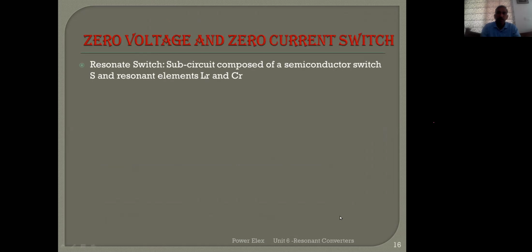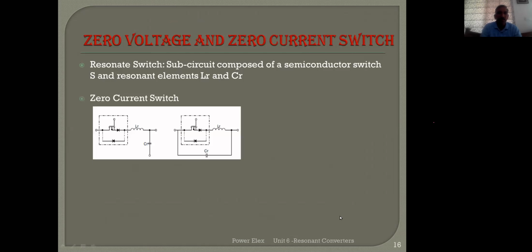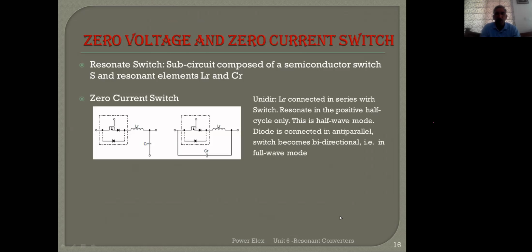So in order to ensure zero voltage and zero current switching, this resonant switch is basically a circuit component, as we discussed in SLR, composed of this switch and the LRC. If I want to build a zero current switch, I am building this switch.